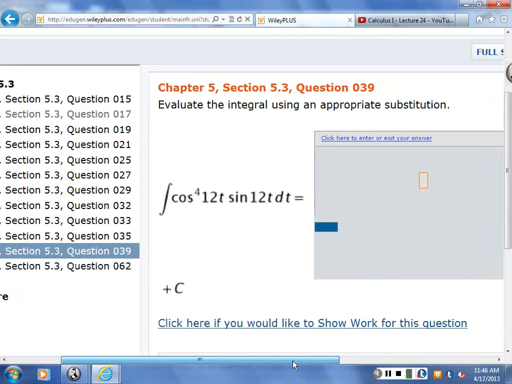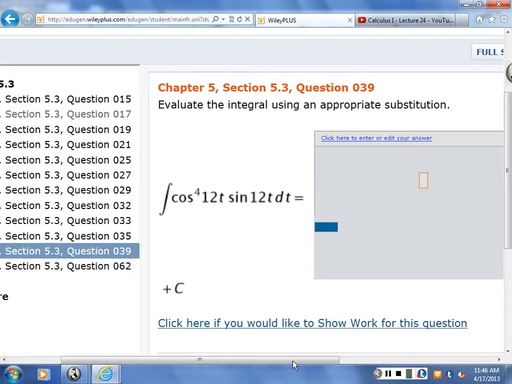Here, what are you going to have to be as your u? You could do 12t, and then you're going to have to do another u substitution. Sometimes we'll call the first one a u substitution, and then the next one a double u substitution. But you can do it all in one substitution here. What would you pick as u?